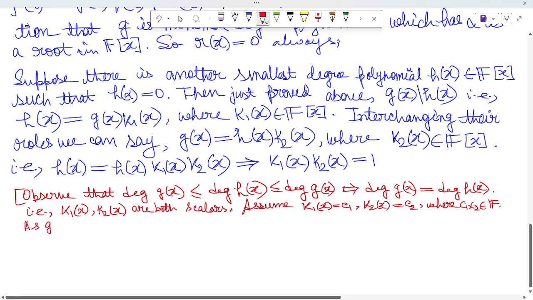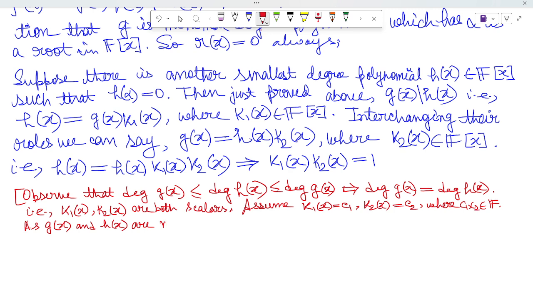As g(x) and h(x) are monic polynomials, their leading coefficient is 1.